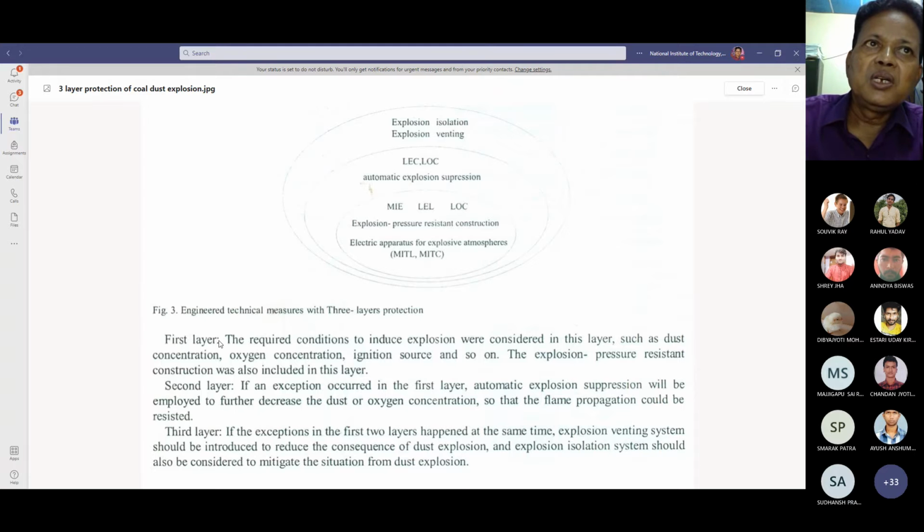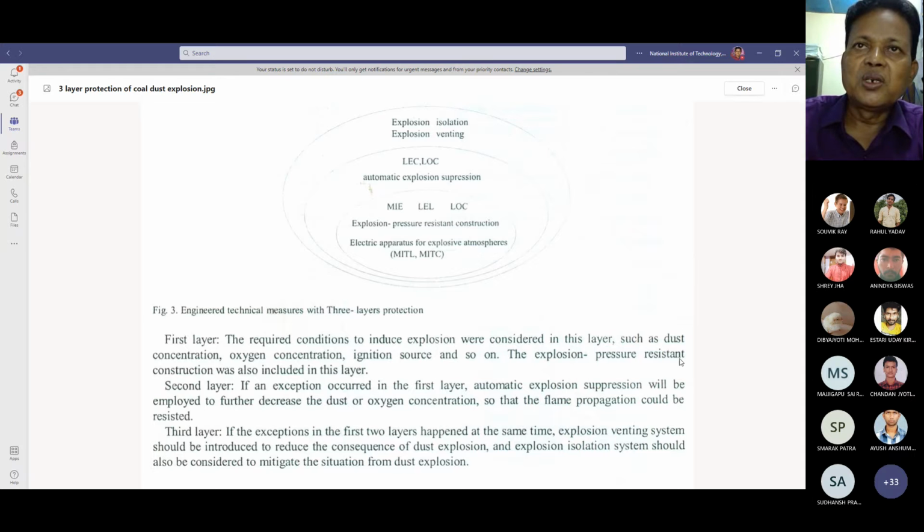So 3-layer protection of coal dust explosion is depicted in this diagram. The first layer: the required conditions to induce explosion were considered in this layer, such as dust concentration, oxygen concentration, ignition source, and so on.